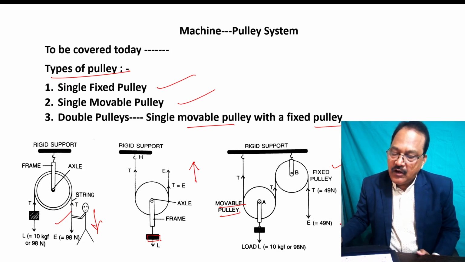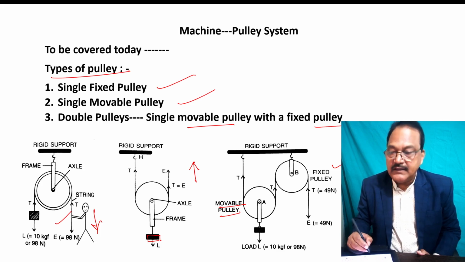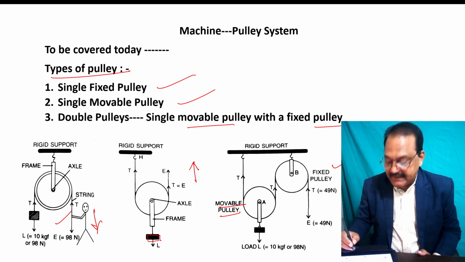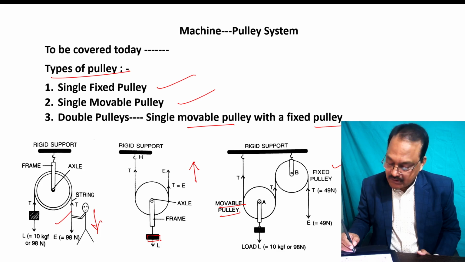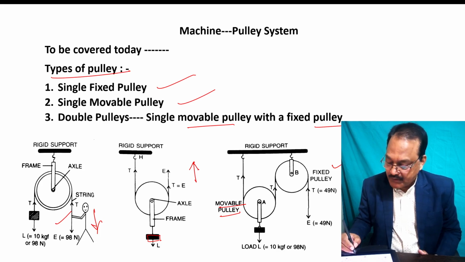As already studied in other classes, in case of fixed pulley, the mechanical advantage is 1. But in case of movable pulley, the mechanical advantage is 2. Even the velocity ratio is also 2 in case of movable pulley.